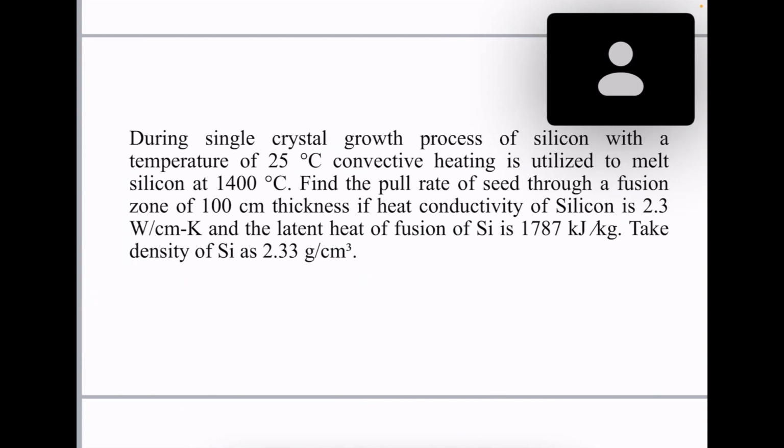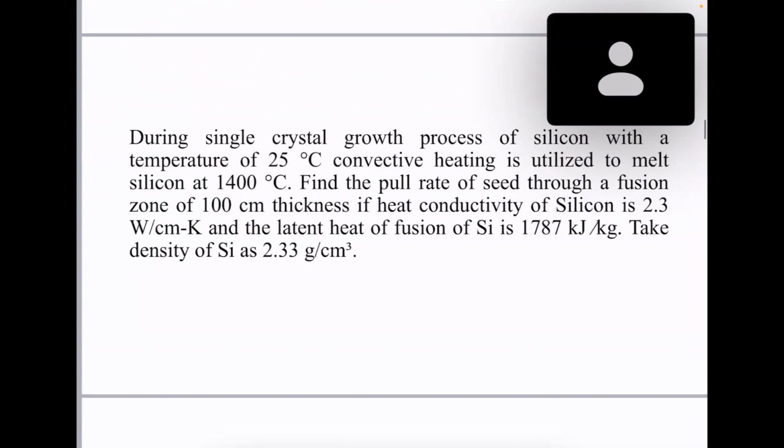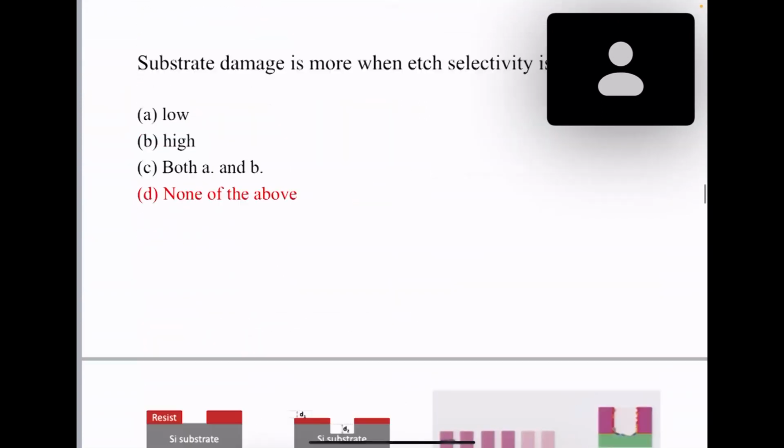If you don't remember, recall that the Czochralski growth method consists of a chamber in which inert conditions are maintained, and there is a silicon melt inside the chamber.